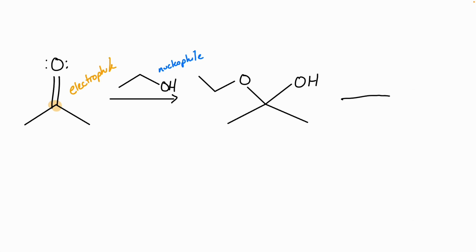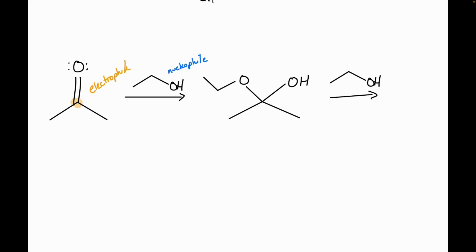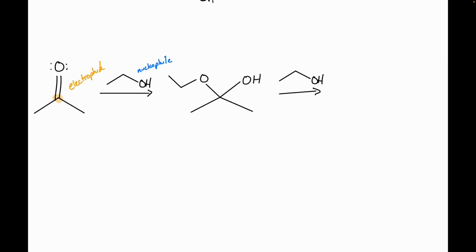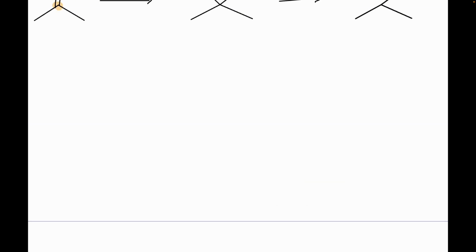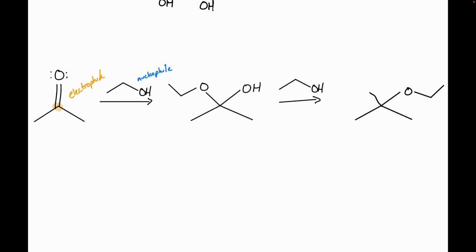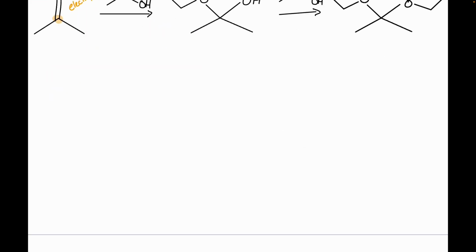And we said that it wouldn't stop here. It would react with another molecule of the alcohol to create an acetal. And so this reaction, because these sugars have both carbonyl groups and alcohol groups in them, they undergo these intramolecular acetal reactions. Right?